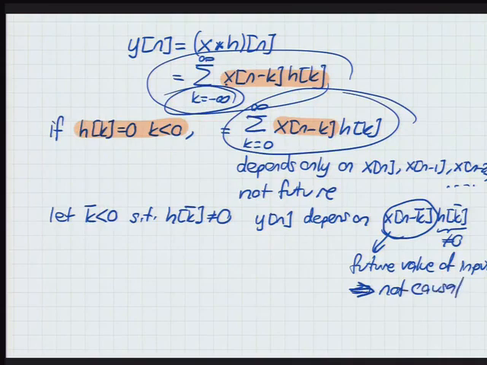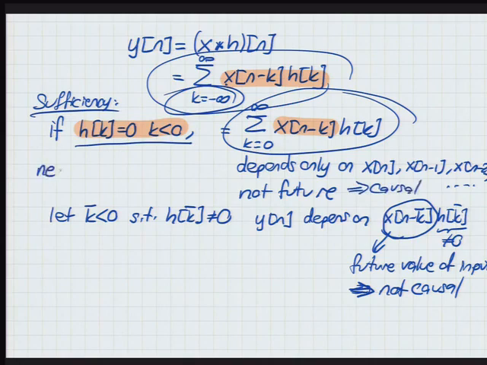Okay, so let me clean up my statements. This was a proof of the sufficiency. In other words, if I have this property that h is 0 for all k less than 0, then I'm causal. So we concluded that.